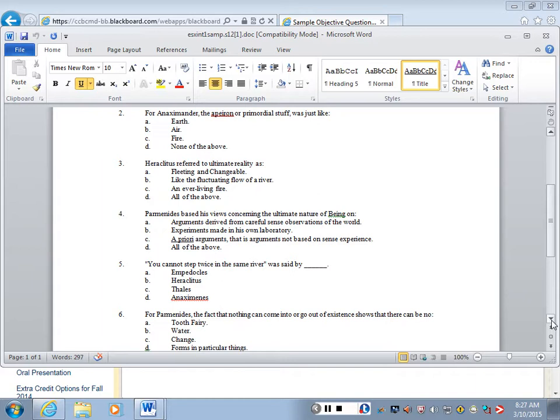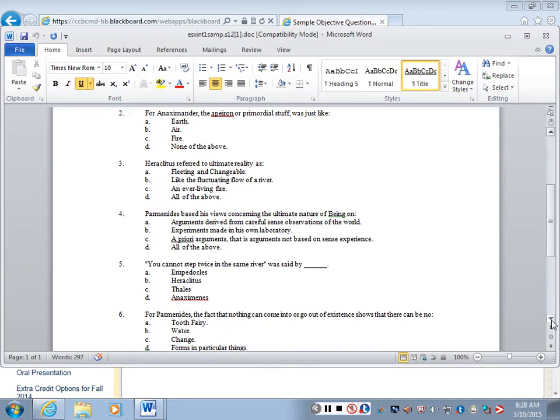Okay. B. C. D. Well, nobody wants to commit themselves, but no, remember, Parmenides may have been the first Western philosopher, at least that we know of, to use an a priori argument.